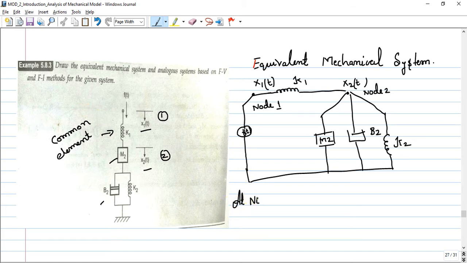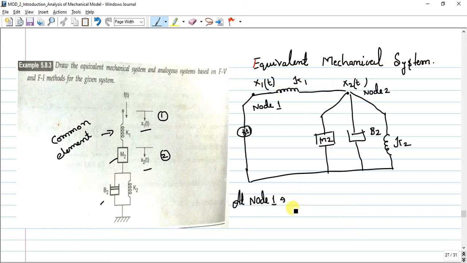at node 1. Okay, so if you check at node 1, we have an applied force, that is F of t, and no element is purely undergoing x1 of t, but we have a common element, that is k1.